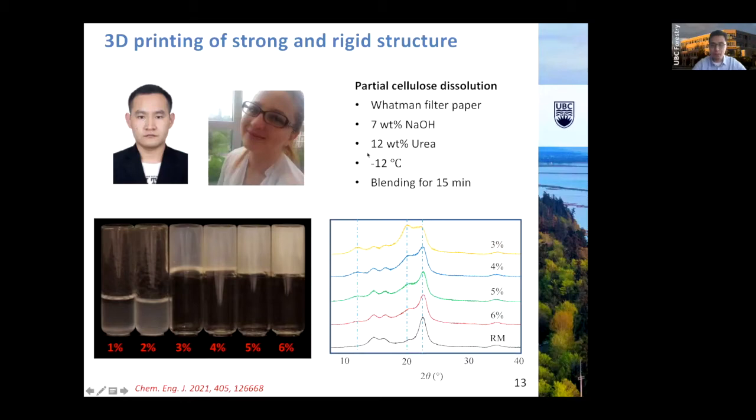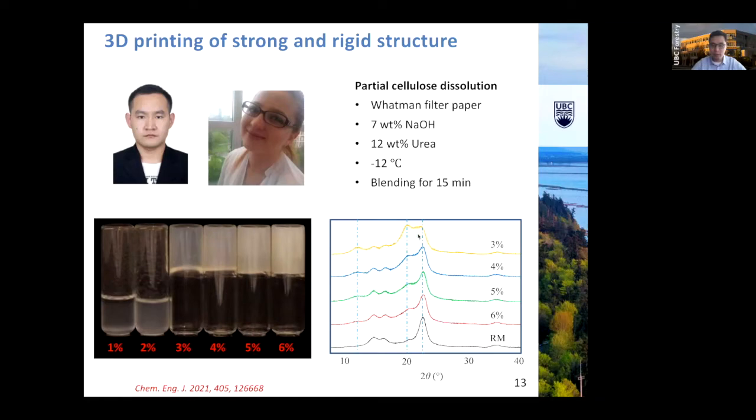We blend it for 15 minutes. Then we have different concentrations from 1% to 6% of cellulose content. By inverting the glass vial, we can see 1 and 2% are still flowable. Starting from 3%, it can hold to the glass vial, meaning they are forming a gel.